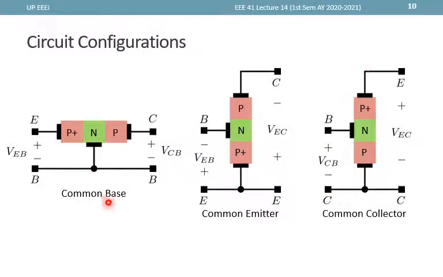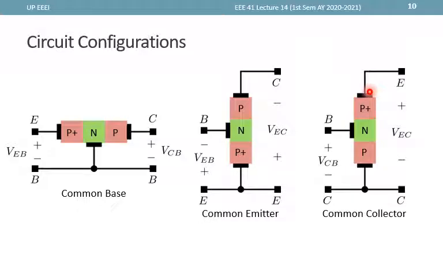The common base has the base common for both the input and the output side, so that's why it's called the common base. For the common base, the input is the emitter and the output is the collector. For the common emitter, the input is the base and the output is the collector. For the common collector, the collector is common at both sides, the input is the base and the output is taken at the emitter.